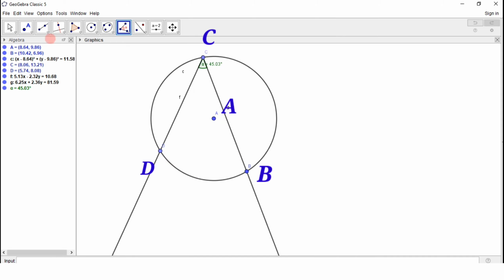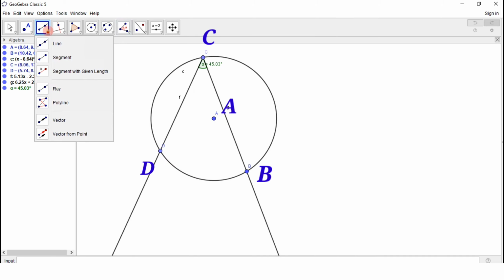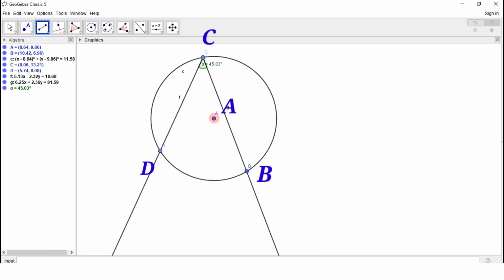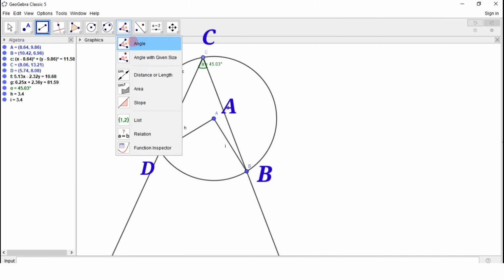So if we draw here segment AD and segment AB, angle DAB is the central angle corresponding to arc DB. So the measure of this central angle is the same as the measure of arc DB. So if we can measure angle DAB, it will be the same as the measure of arc DB. So let's measure angle DAB.